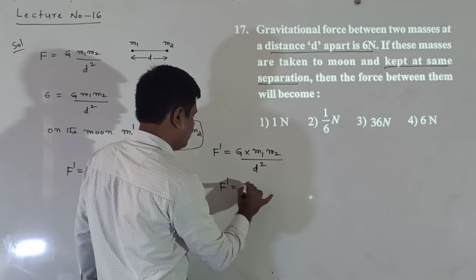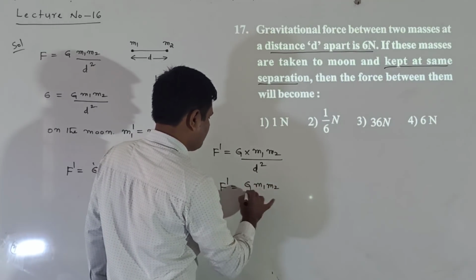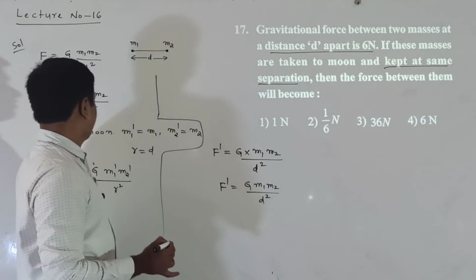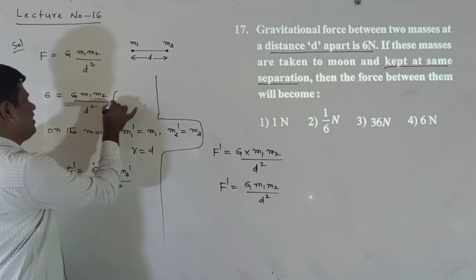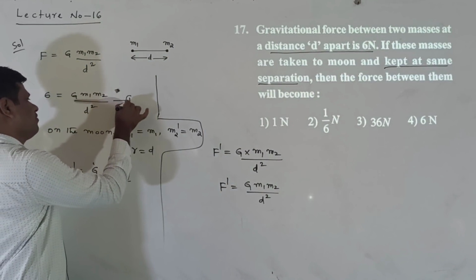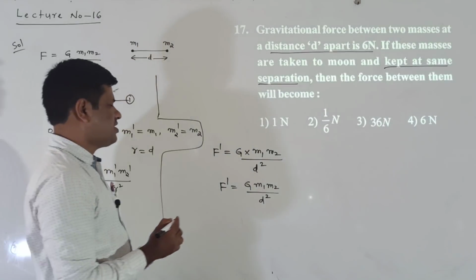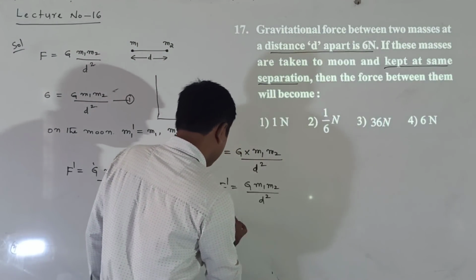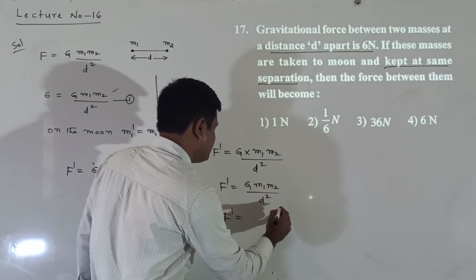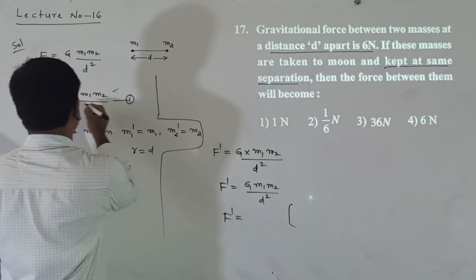Means F dash is equal to G into m1 m2 by d square. But from equation 1 we can take the value.